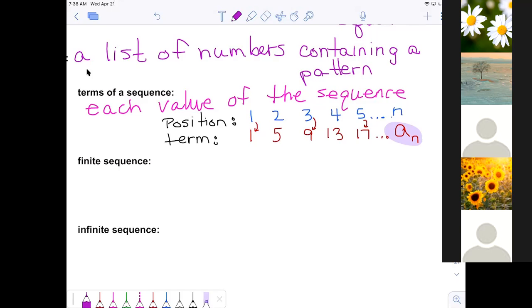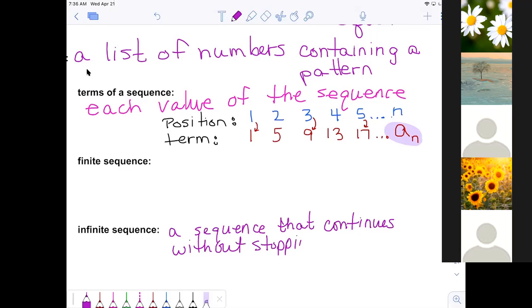It goes on forever. Yeah, so an infinite sequence is a sequence that continues without stopping, that goes on forever. So an infinite sequence goes on forever.